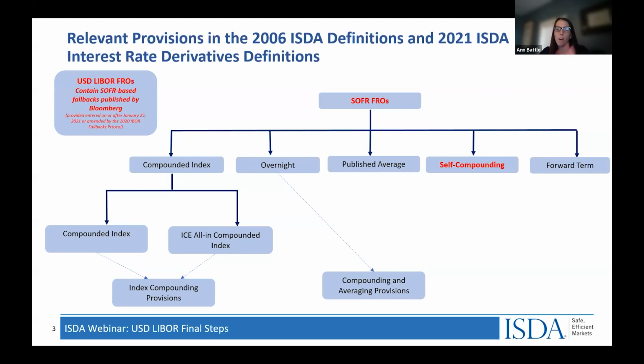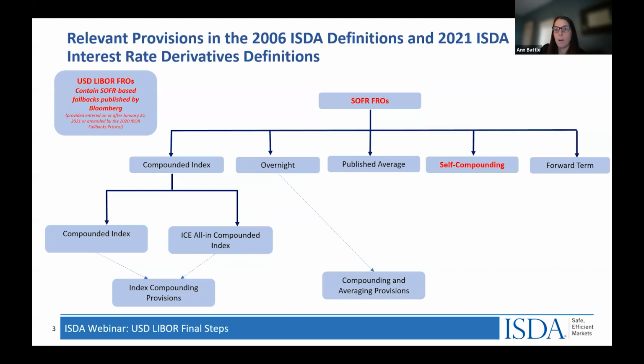And then on the other hand, we have a whole tree of SOFR-based floating rate options, or FROs. And those are the rates that are used if you enter into a SOFR OIS or a new SOFR-based contract today.